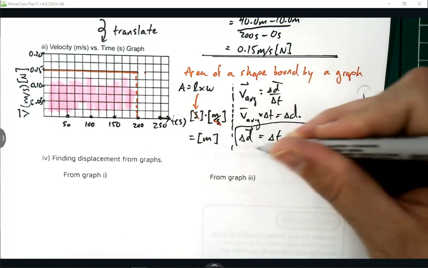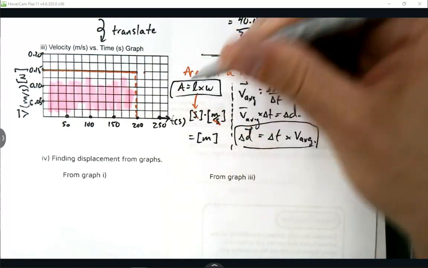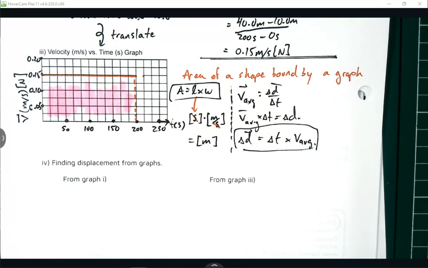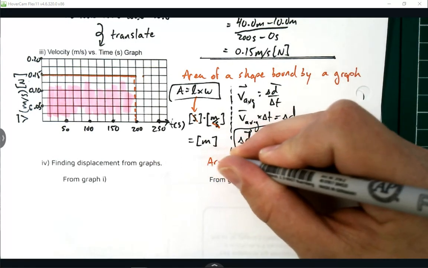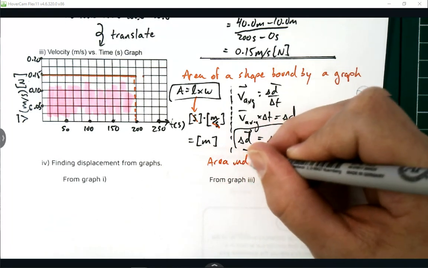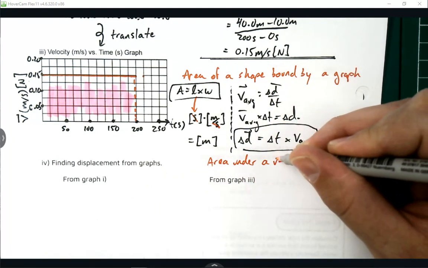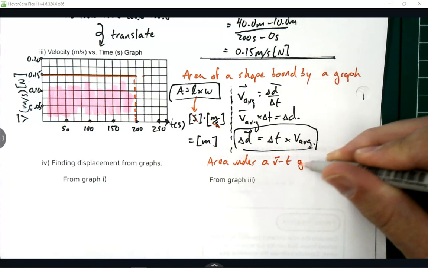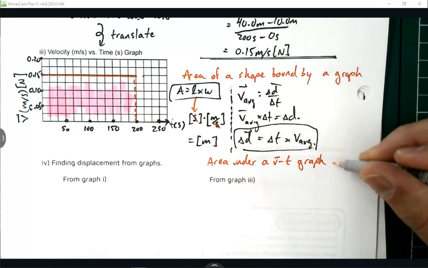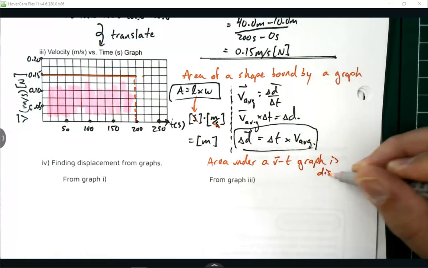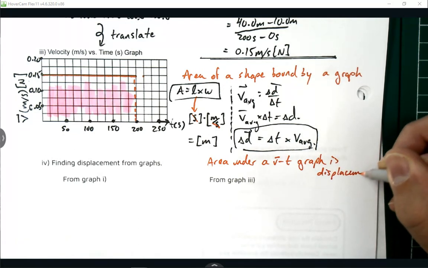This formula and this formula are actually just the same formula dressed up differently. And so for that reason, we can make the claim that the area under a VT graph, that is a velocity time graph, that's short form, is displacement.